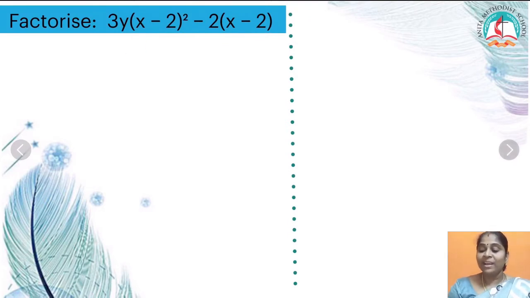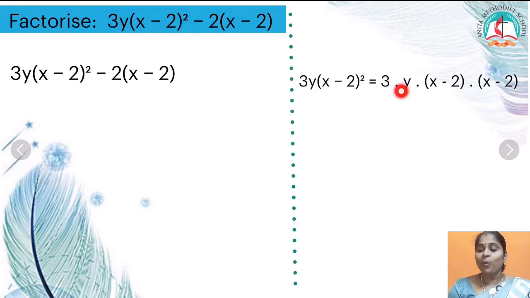So we have to write the irreducible form here. So 3 into y into (x minus 2) whole square, so (x minus 2) 2 times. So (x minus 2) into (x minus 2). What is the second term? It is 2 into (x minus 2). That is the irreducible form for the second term.